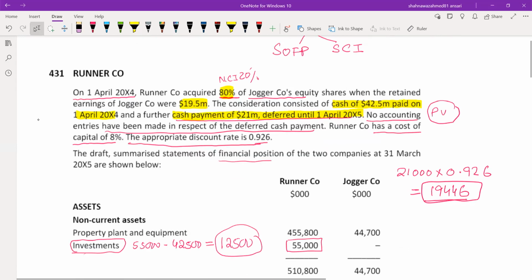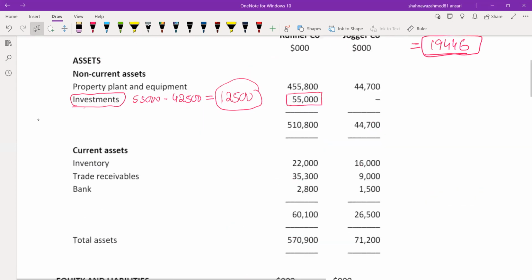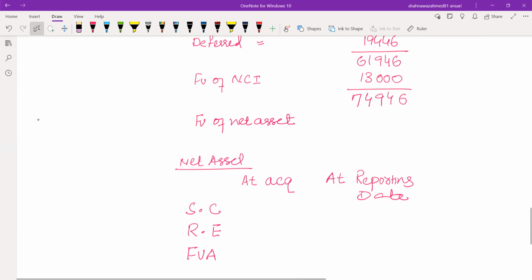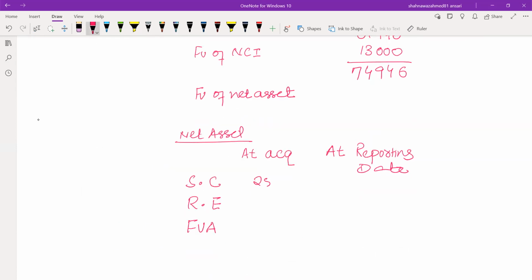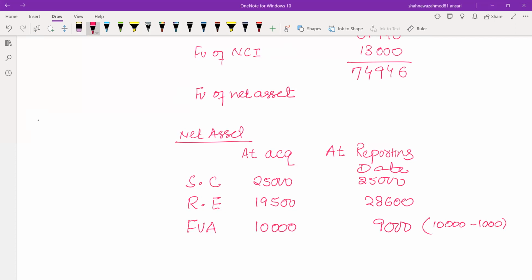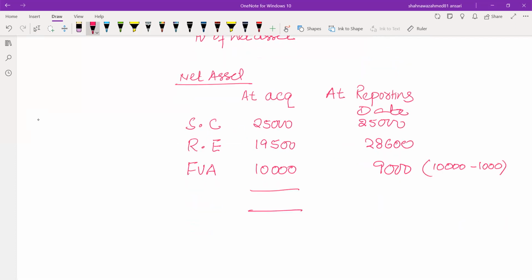Retained earning at acquisition is 19.5 million. So share capital, there is no change, 25,000. Retained earning at acquisition, it's 19,500, and at reporting date 28,600. Fair value adjustment at acquisition, 10,000, net of depreciation, 1,000. So that is 10,000 minus 1,000 depreciation. And we have at acquisition and at reporting date.